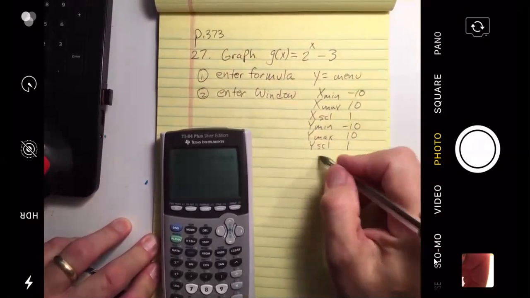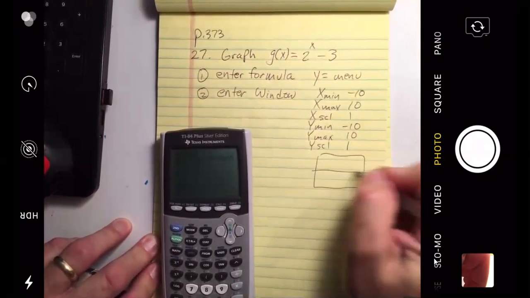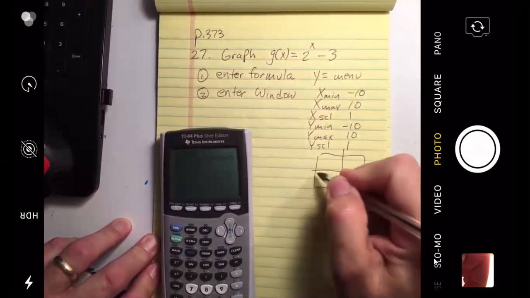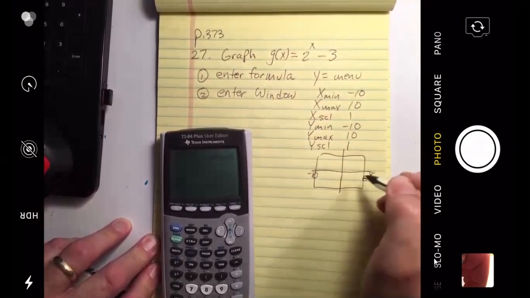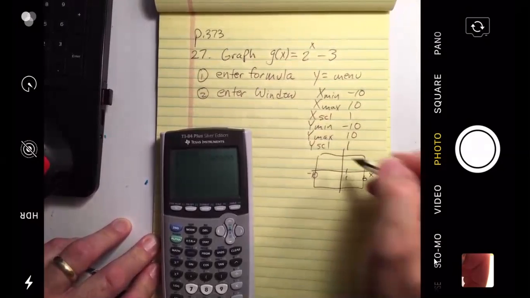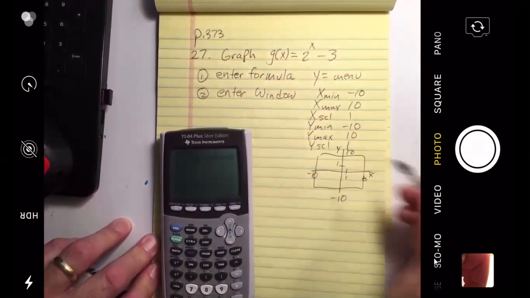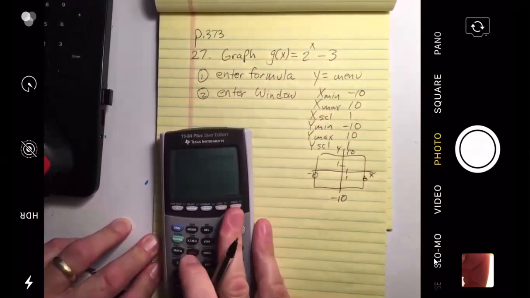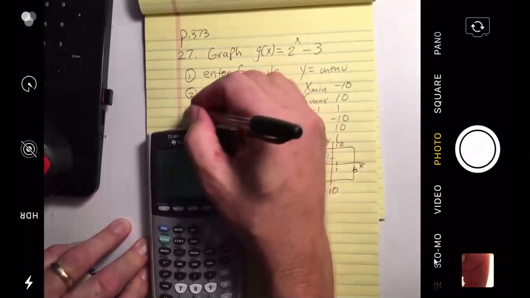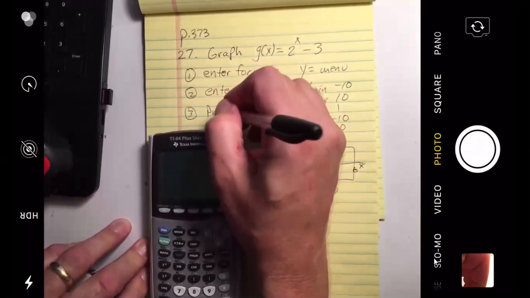That outlines the screen along x, negative 10, 10, tick marks 1, and y, negative 10, 10, tick mark 1. And then number 3 is you press graph.